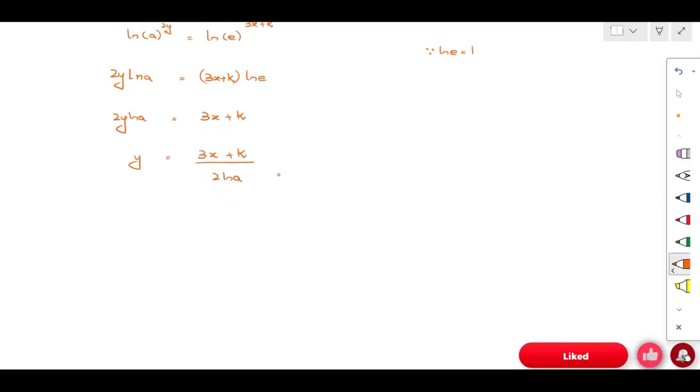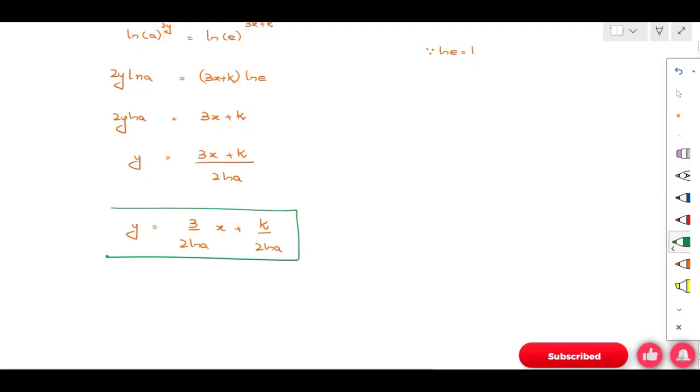Now we have to convert it into y equals mx plus c form. So y equals 3 divided by 2 natural log of a times x plus k divided by 2 natural log of a.